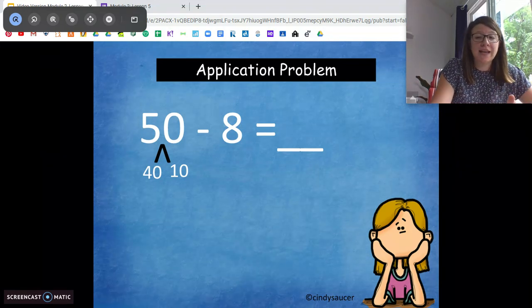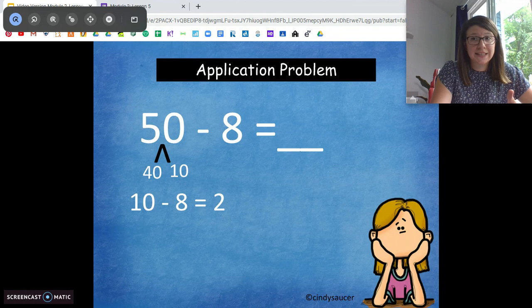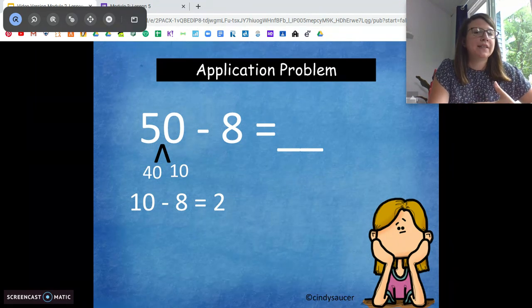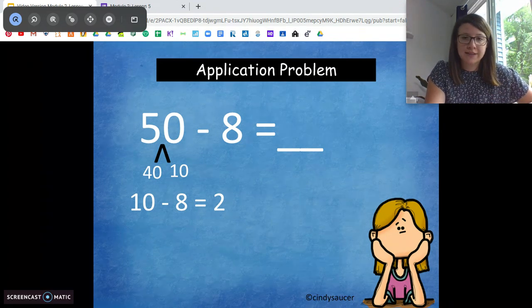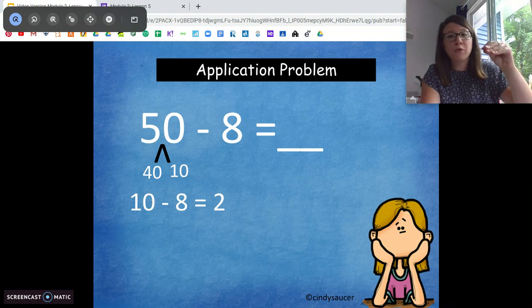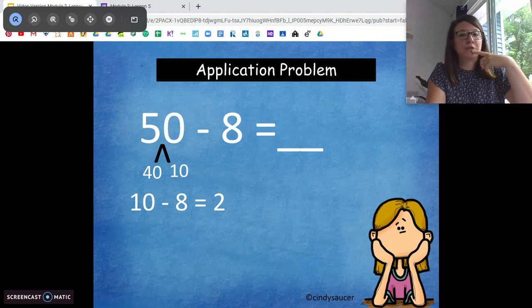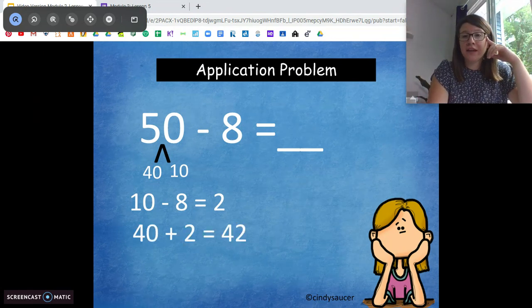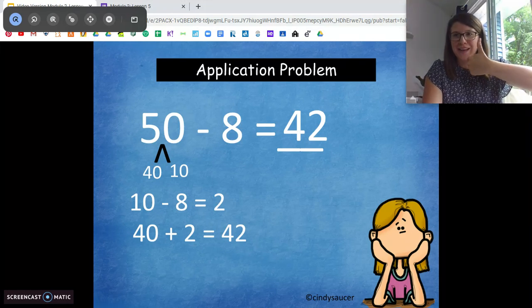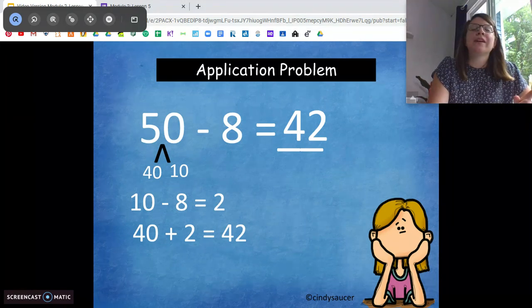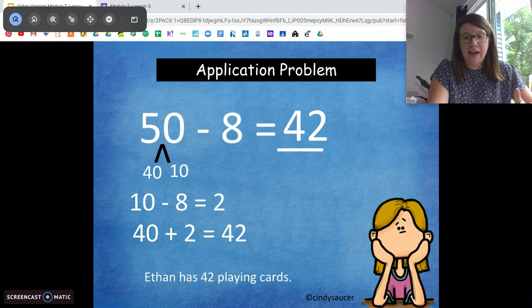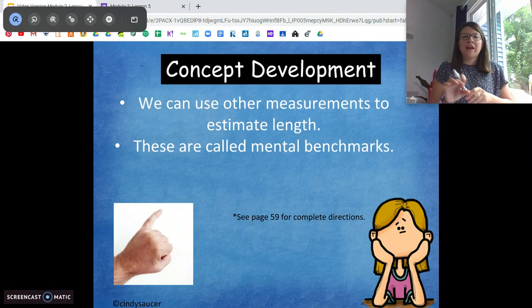So we're going to take the 10 and the 8, and that's easy for us to do. We know 10 minus 8 is 2. Now, our next step is to add those extra 40 that we haven't done yet. So we're going to add the 40 plus 2 and get 42. Thumbs up if you got that. Good job. So Ethan has 42 playing cards. Done and done. All right, moving on to measurement.